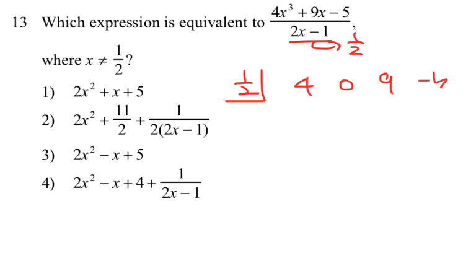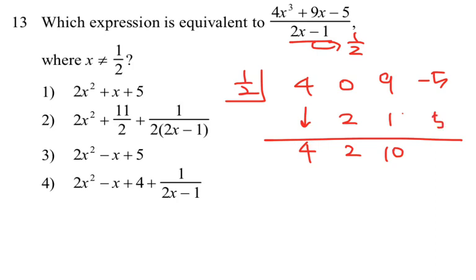Don't forget, because we don't have an x squared term, that's why I put a 0 over there. First, 4 just comes down, and then 4 times 1/2 becomes 2, and then 0 plus 2 becomes 2. So 1/2 times 2 becomes 1, and when you combine them together, we get 10. And then lastly, 1/2 times 10 becomes 5. So when you combine them, the remainder is equal to 0. So we don't have any remainder.